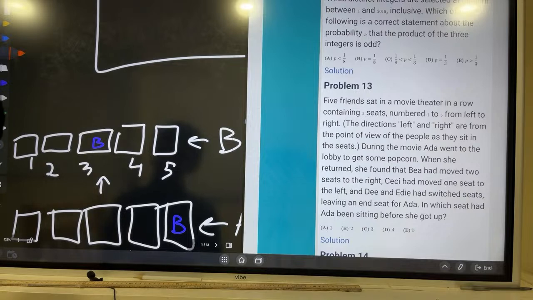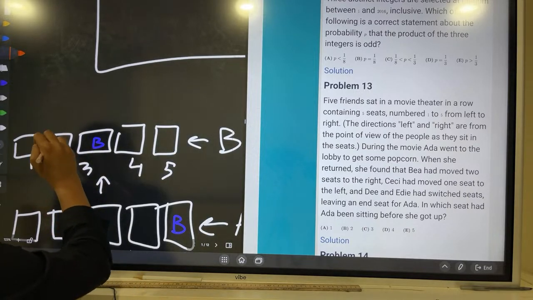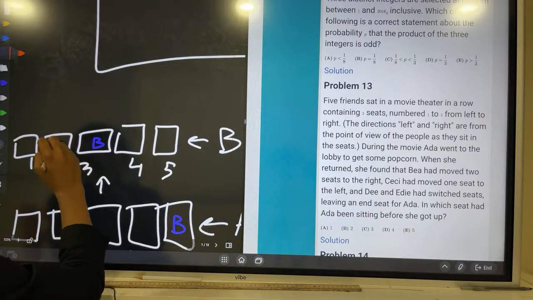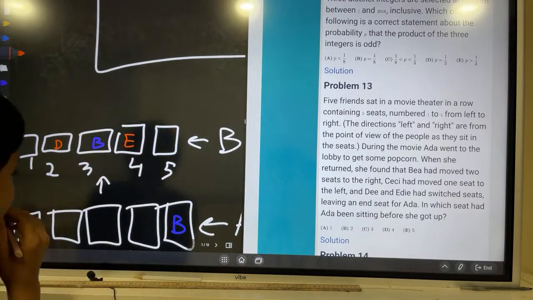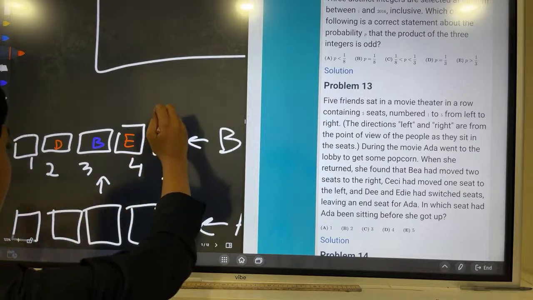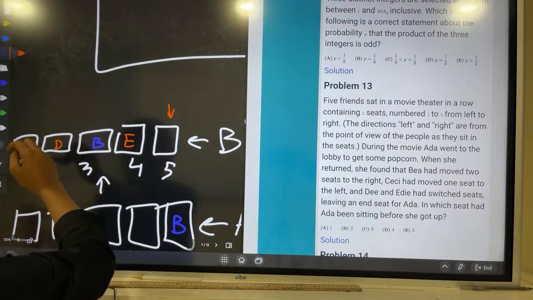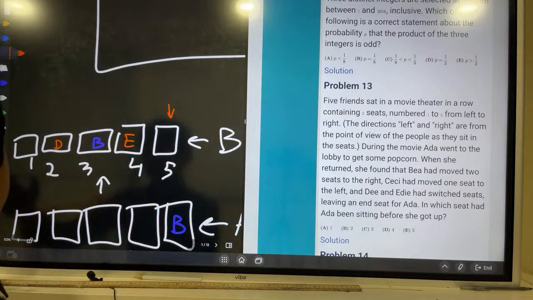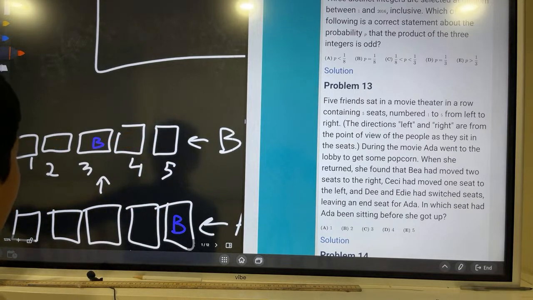So I've been thinking about it now, and actually, the only possible arrangement is for Ceci to sit here. You know why? Because if D and Edie go here, and then Ceci goes here because she obviously can't go to seat 1, then she's going to just move into D's spot after, so that can't work.